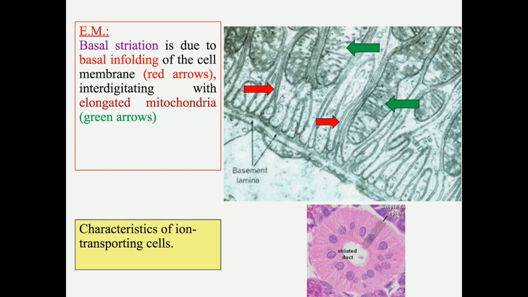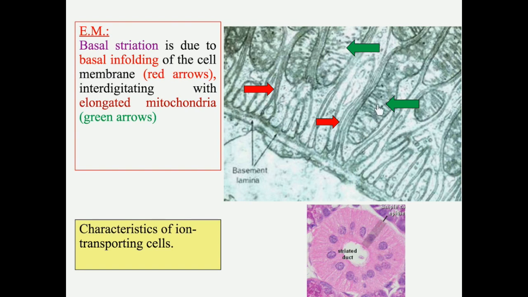So we have interdigitation and basal infolding at the base of these cells to increase the surface area for ion transport, and this demonstrates that this cell is performing ion transport, as we will say now.